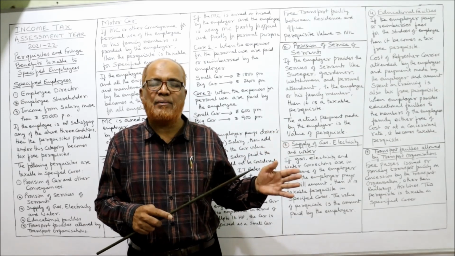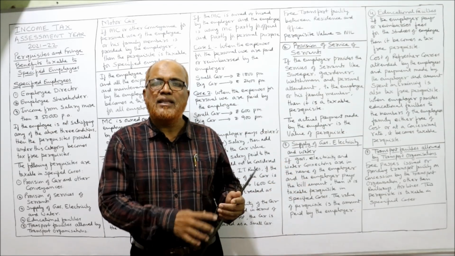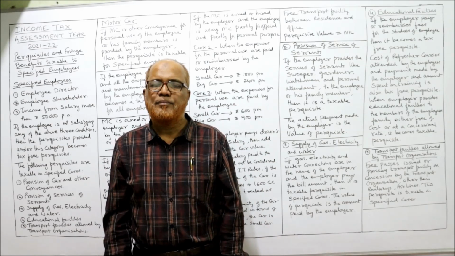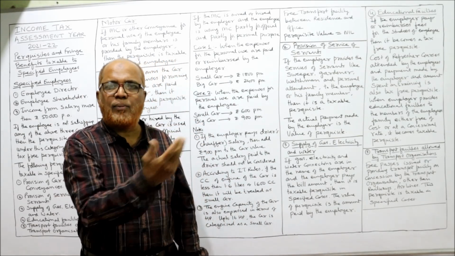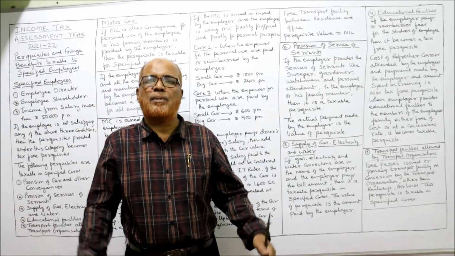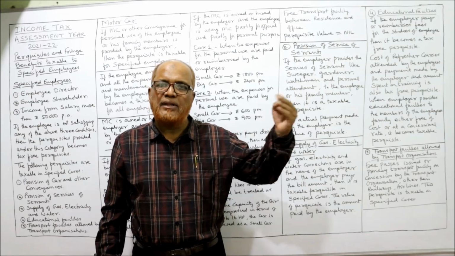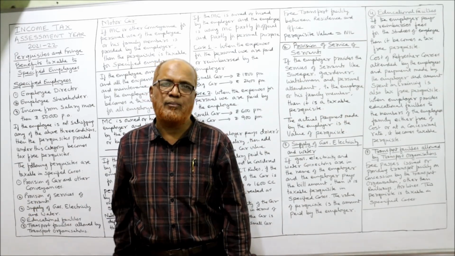I am having gas connection in the company's name, employer's name, and the gas cylinders are supplied to the employees free of cost, without paying anything. The gas cylinders you are getting from the employer, it is called free gas supplied by the employer. It's a taxable perquisite in your hand. Whatever amount paid by the employer is a taxable value in your hand for specified employees.